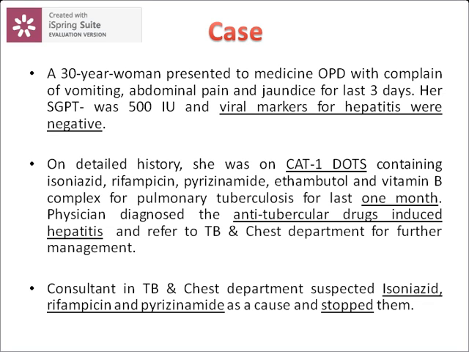Now if we explore the drugs received by the patient, the patient was receiving 3 hepatotoxic drugs: isoniazid, rifampicin and pyrazinamide. So the consultant in the TB and chest department suspected isoniazid, rifampicin and pyrazinamide as the cause and stopped them.